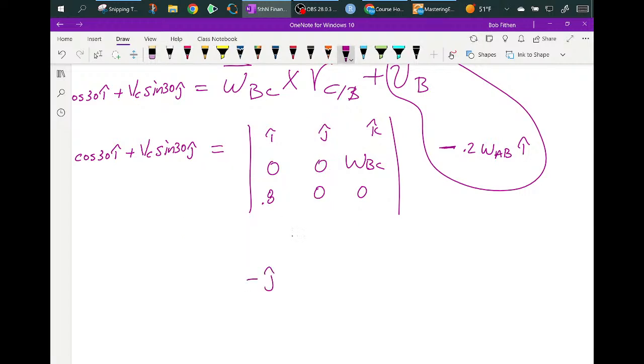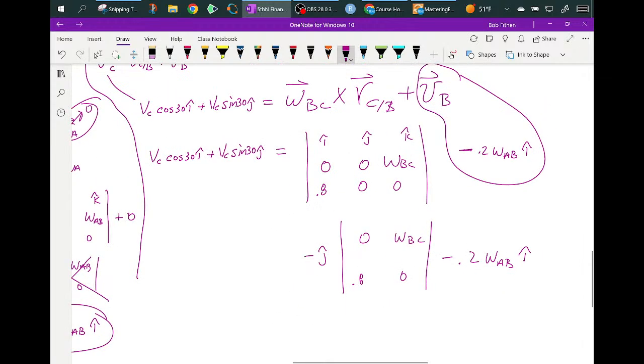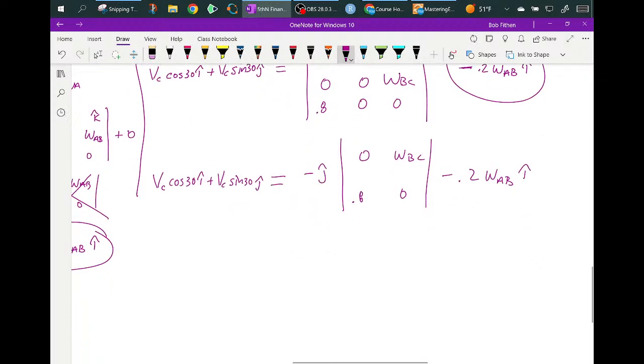Minus J times 0 omega BC 0.8 and 0 minus 0.2 omega AB I equals that.